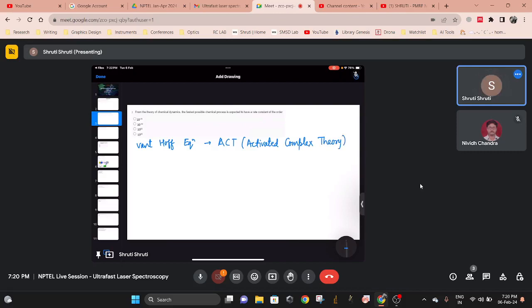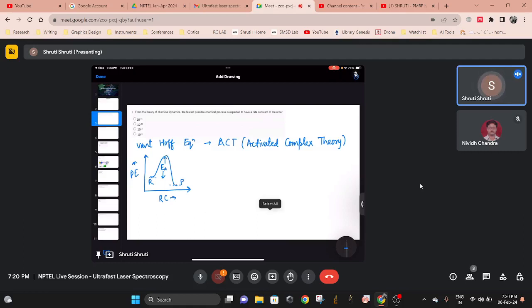Suppose we have the potential energy on this axis and the reaction coordinate on the other, this is the energy level of the reactants and this is the energy level of the product. This is the activation energy required for the reaction.